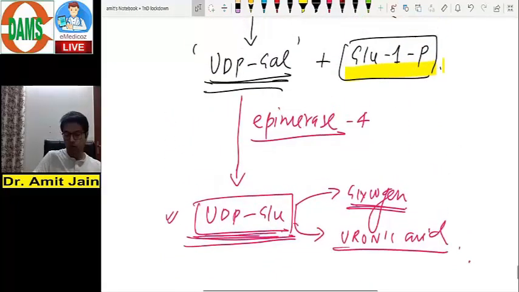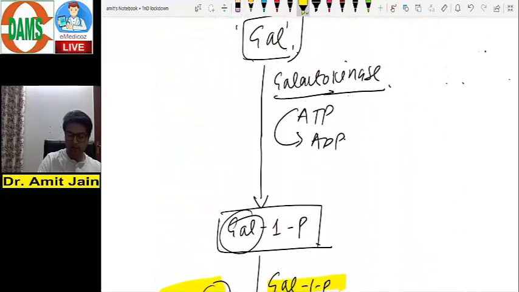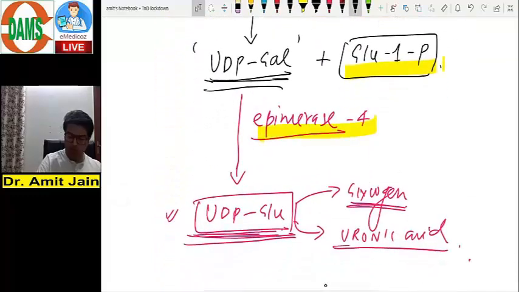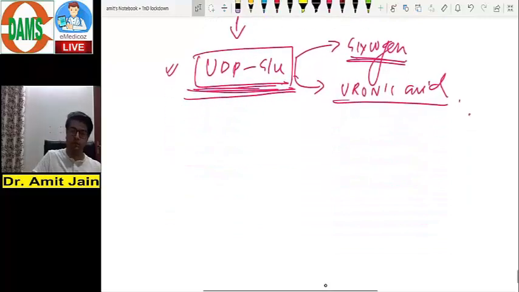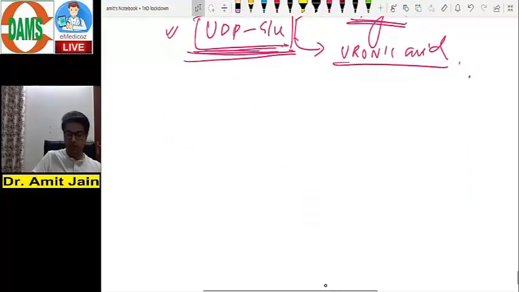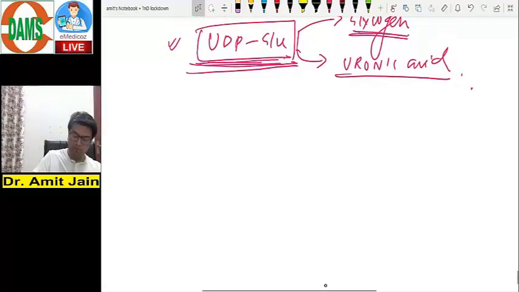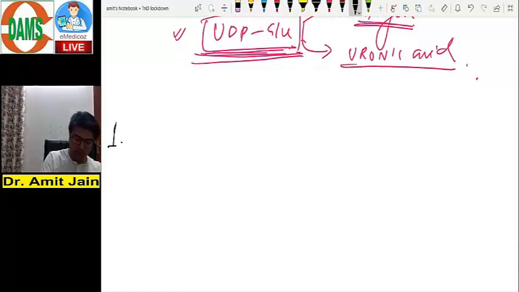Now we have the 3 questions here, right? And the deficiency of the 3 enzymes, galactokinase, this one and this one. So we have the 3 types of galactosemia, right? Okay, so let's take number 1.